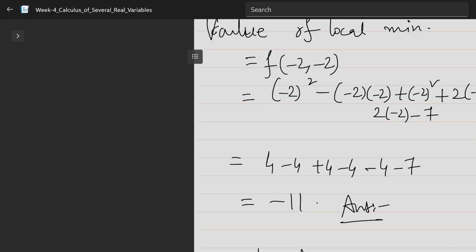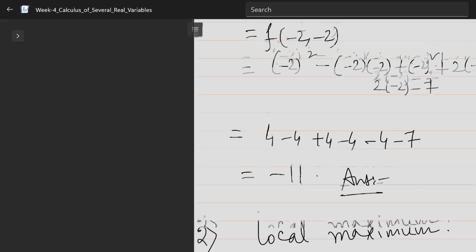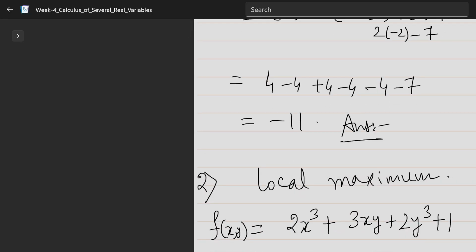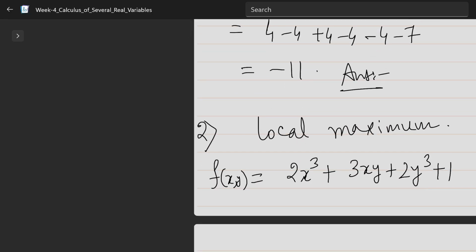F of x comma y is 2x cube plus 3xy plus 2y cube plus 1. So what is del f del x? 6x squared plus 3y. Del f del y is 6y squared plus 3x.